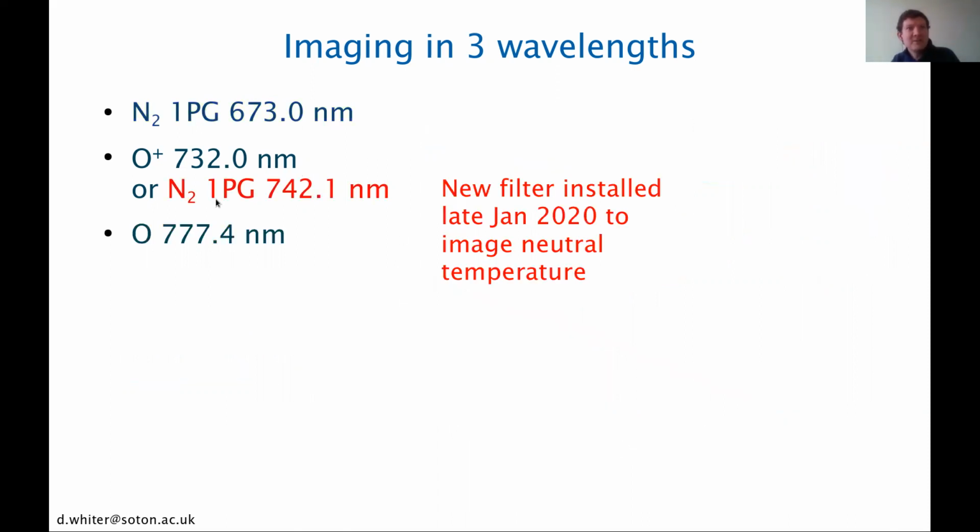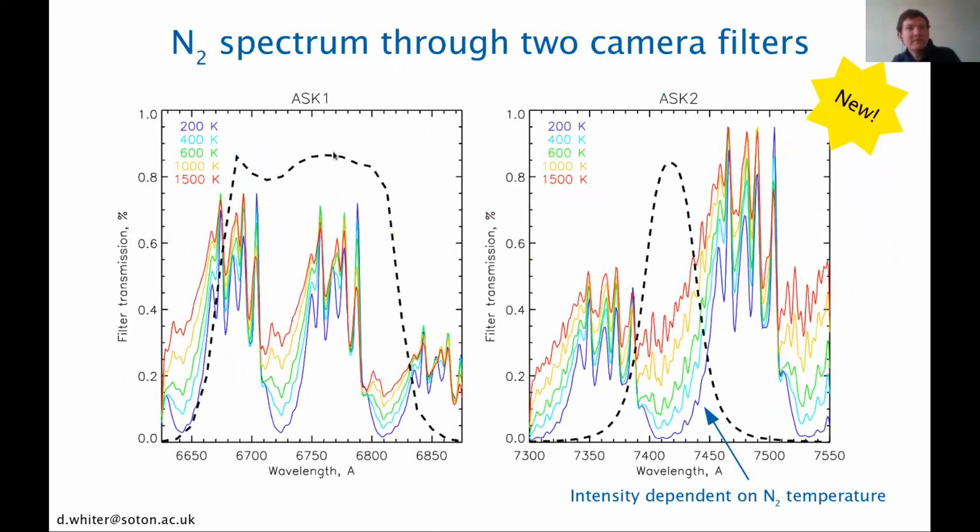This other N2 filter, I installed in January 2020, and that filter is designed to be able to image the neutral temperature. I'll show you how that works. This is the original filter we've had on ASK1, which we use to retrieve the energies, and the black dashed line is the filter transmission curve, so it's how much light gets through the filter as a function of wavelength. Underneath, in color, is the N2 spectrum for different neutral temperatures.